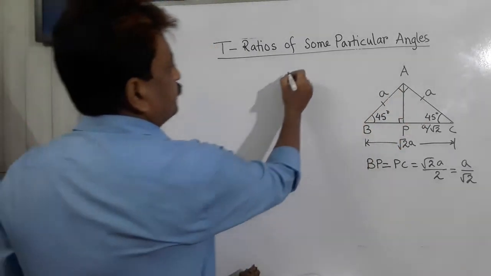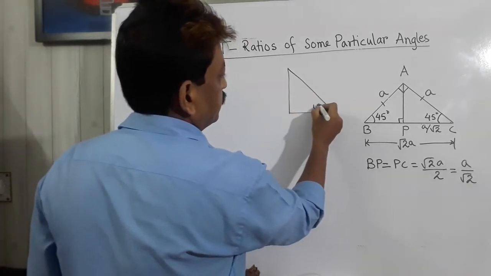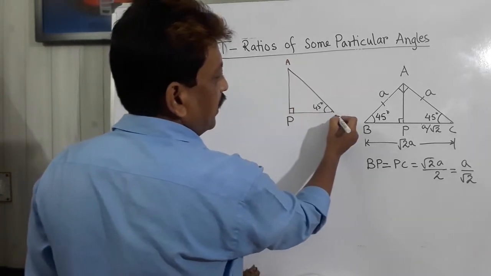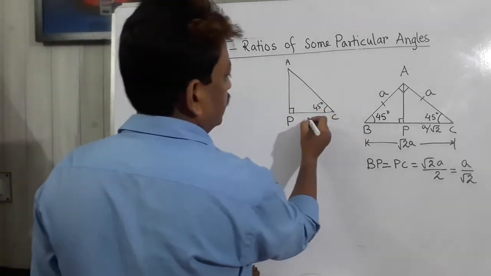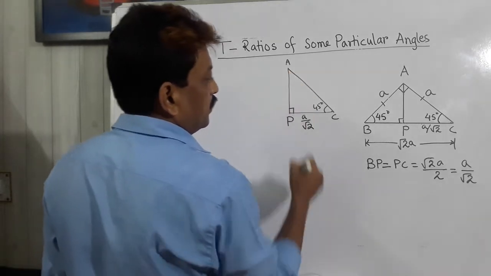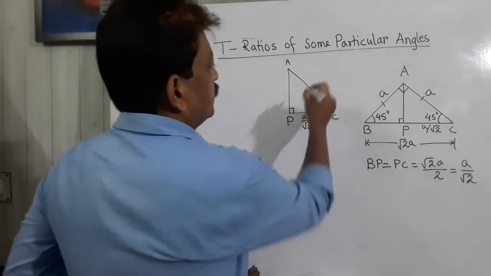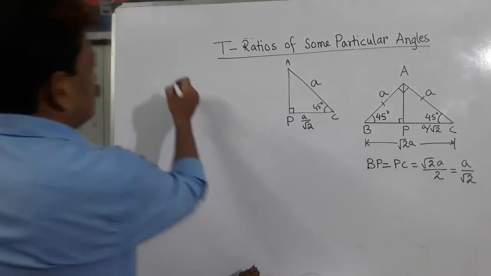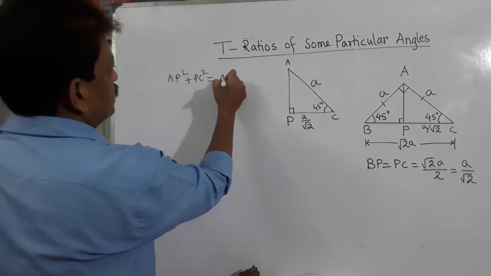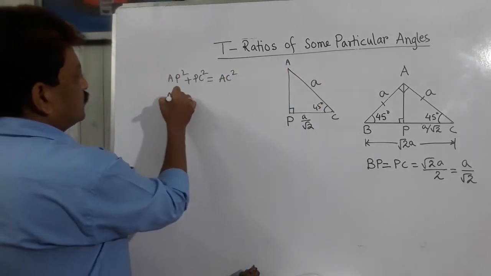Now consider triangle APC. This is 45 degree. This is A, angle P is 90 degrees, and C is 45 degree. PC is A upon root 2. AP we have to calculate again by using Pythagoras theorem. AC is taken as A, so AP square plus PC square is equal to AC square. AP is not known.